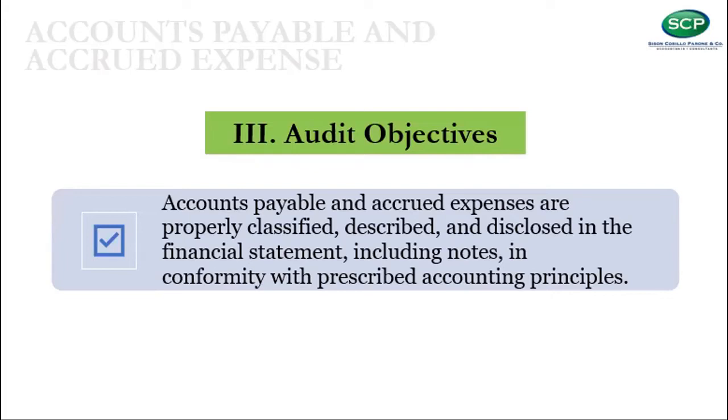In this regard, along with ensuring the required disclosures and proper description of the account, the substantive audit procedures we will perform should be designed to also ascertain the proper classification of the accounts payable and accrued expenses account in the financial statements.